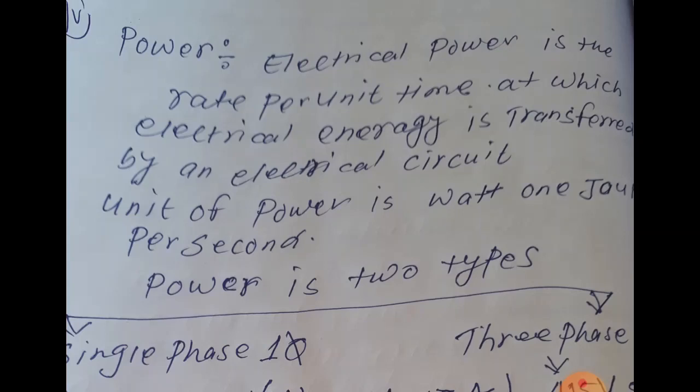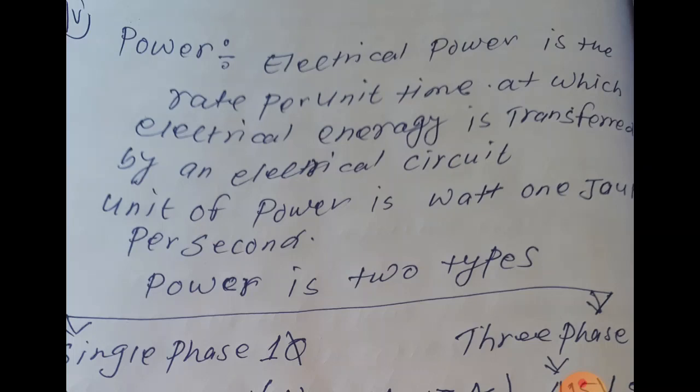The symbol for power is P, and we measure it in watts. So how many watts is 1 kilowatt? You know about this one. Okay, so 1000 watts is equal to 1 kilowatt.